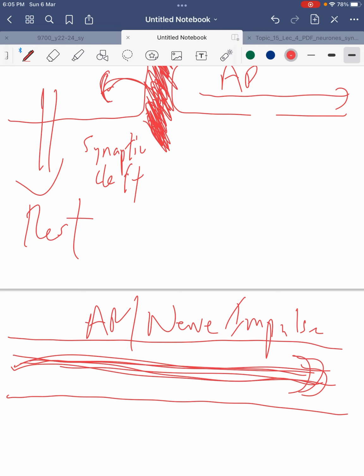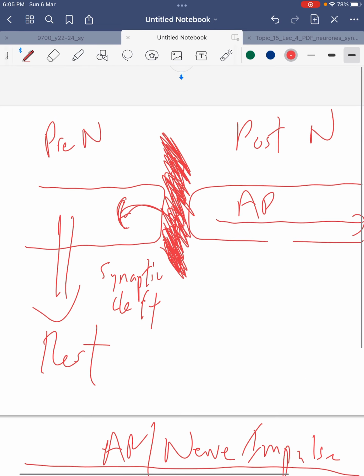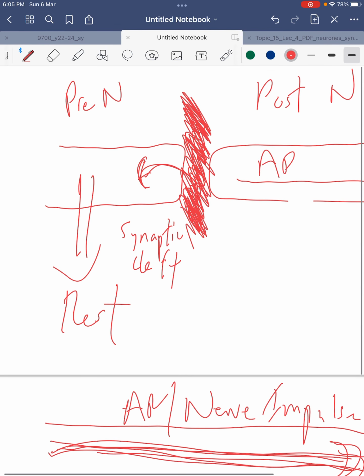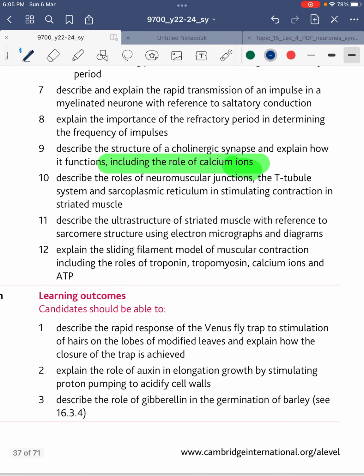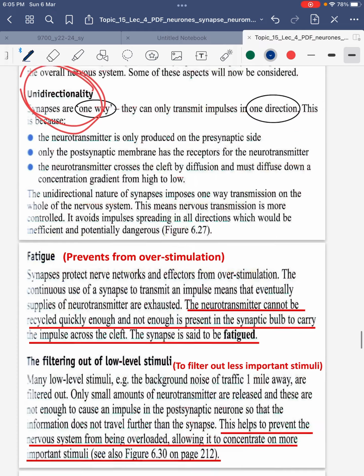A lot of the sodium potassium pump is doing work to restore the resting potential and so on. At least the presence of the synapse will allow it to rest for a very brief moment, and that is the meaning of fatigue, to prevent overstimulation.